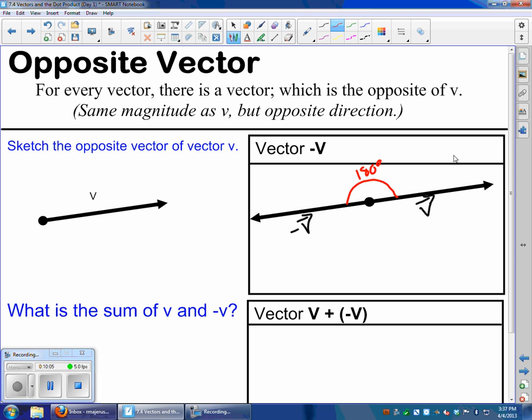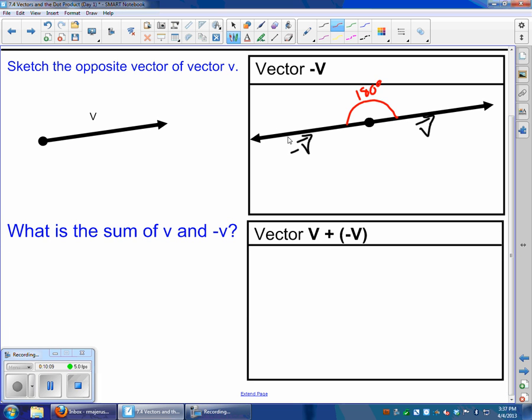With opposite vectors, you always want to ask the next question: what happens if you add vectors V and negative V? If you did that, you can see that the sum of this vector, if you go tail to tip, either one way or the other, you get a vector that just looks like a dot. That's something we call the zero vector. It has a magnitude of 0, so there's actually zero force.